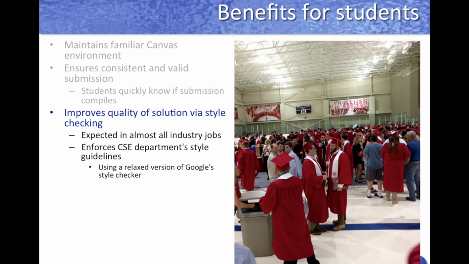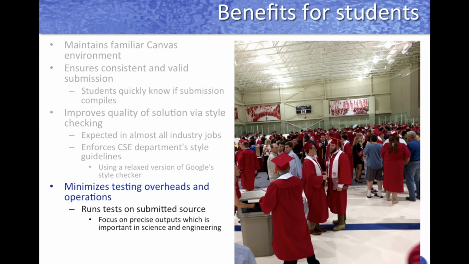Code improves the quality of solutions submitted by students by running style checkers on the submitted code. Style checking is an important aspect and is expected in almost all industry jobs. Code currently enforces CSE department style guidelines using a relaxed version of Google's style checkers.